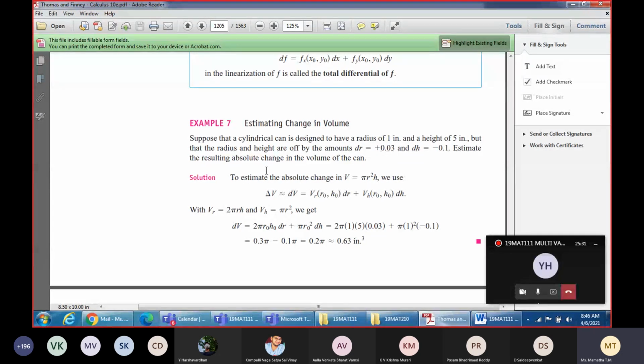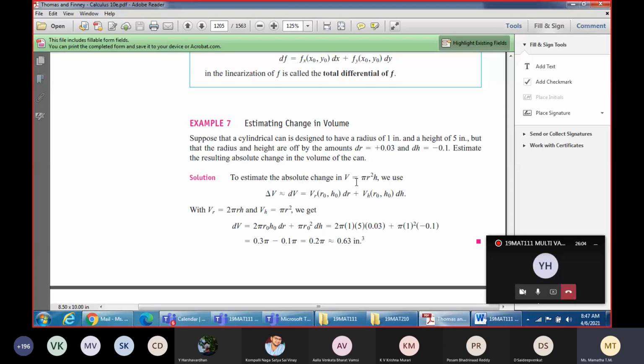So for the cylindrical can, the formula is πr²h. So the volume of this particular cylindrical can depends on the radius and the height. If I change the radius, the volume will change. If I change the height, the volume is going to change. So they are asking you to find the change in the volume resulting from both variables changing: radius is changing, height is changing.